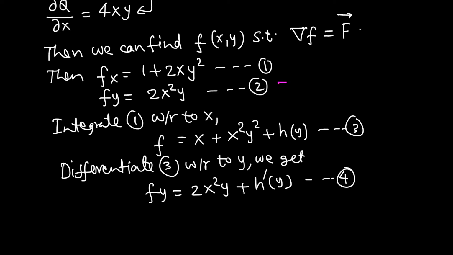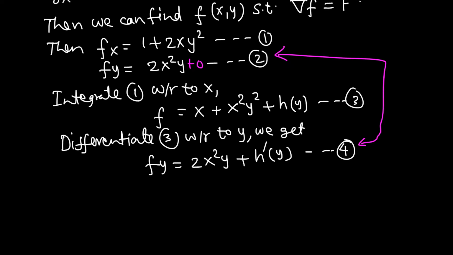And then we compare 2 and 4. Our potential function f is in fact given by 3, provided we know h. And to find h, we compare 2 and 4 now. Looking at the left hand side, it is the same, 2x squared y, we have that. So h prime of y equals, there is nothing, means plus 0.